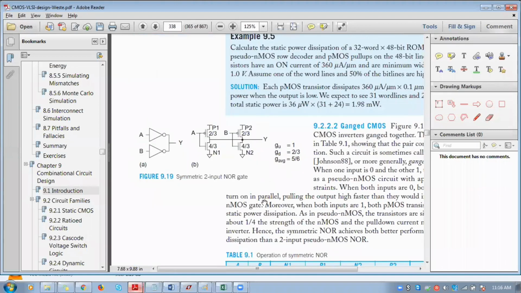So this is the design of a symmetric two input NOR gate. This is the parallel connection of two inverters. If you want to extend to NOR3, you have to connect another inverter, so C will be connected in parallel to this. That's why we design a symmetric circuit.